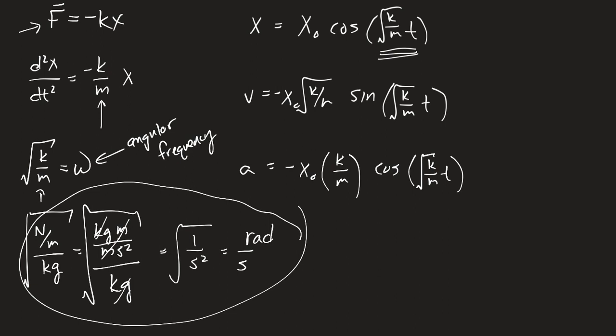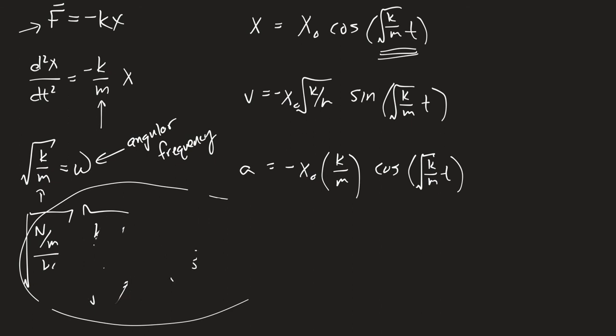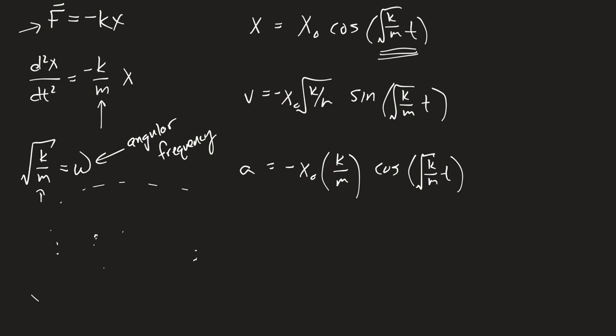Not a harmonic frequency, which would be in oscillations per second, but an angular frequency, which is in radians per second. And it is controlling how fast the system oscillates. So it is not uncommon for all of the things that we have listed here to be put in terms of omega and not square root of k over m, because that makes it generic to any oscillator.